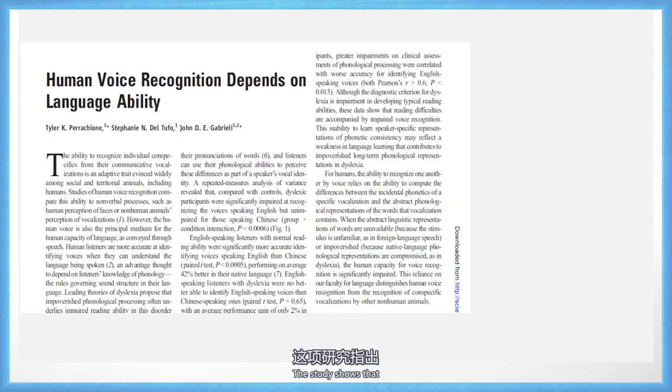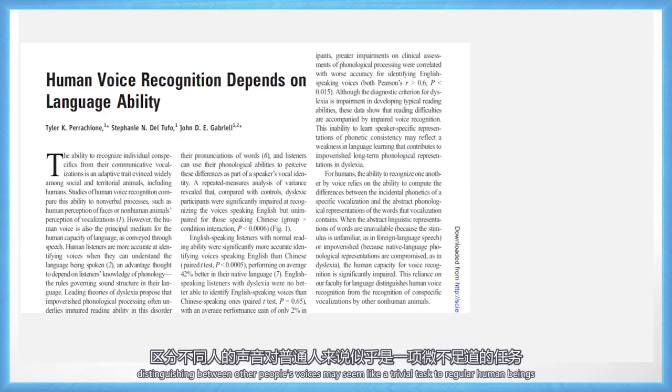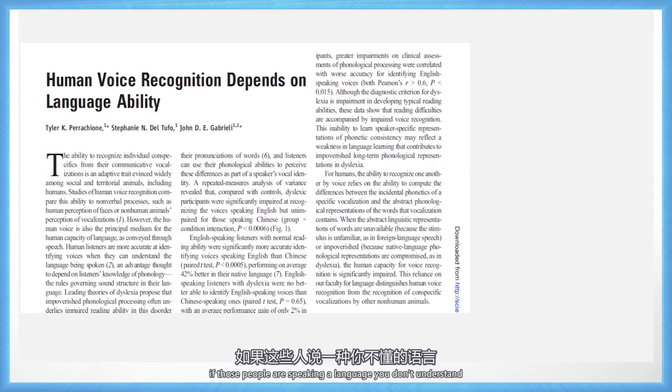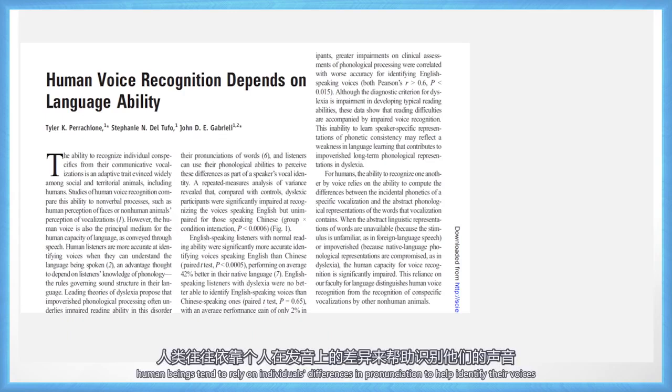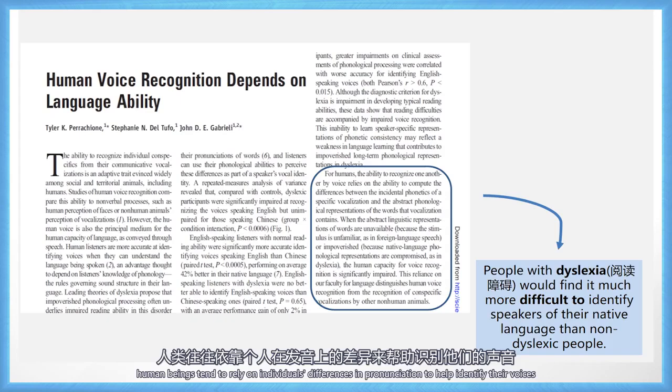The study shows that distinguishing between other people's voices might seem like a trivial task to regular human beings. However, if those people are speaking a language you don't understand, it becomes much harder. The principle behind this is that human beings tend to rely on individuals' differences in pronunciation to help identify their voices.